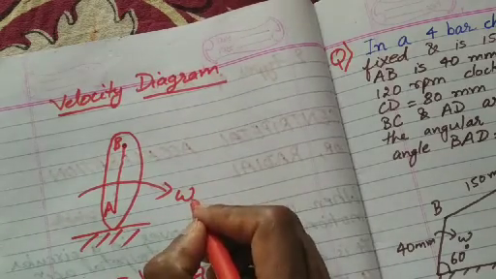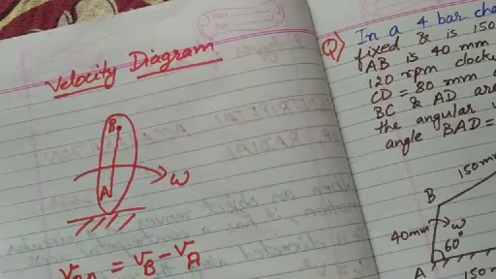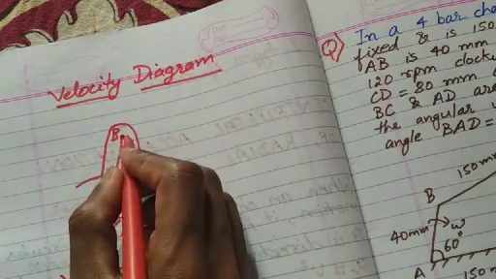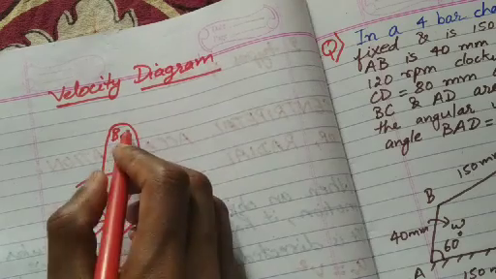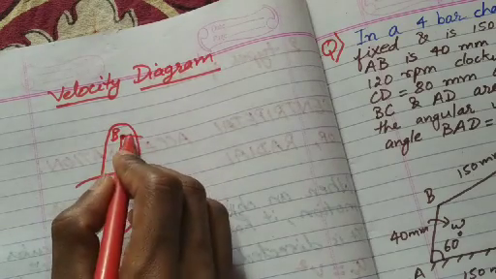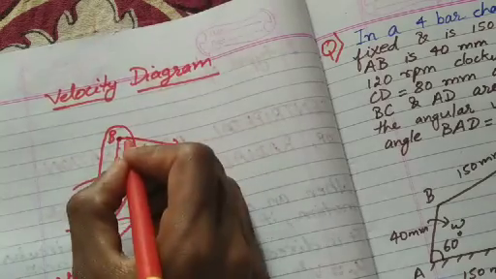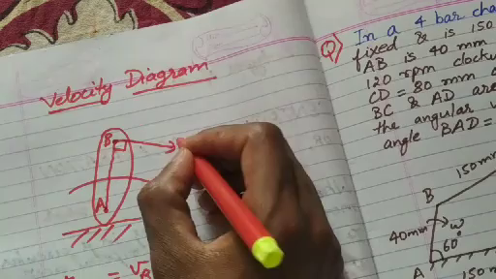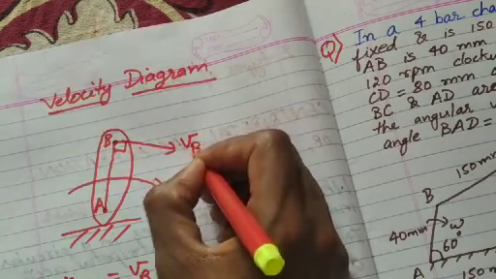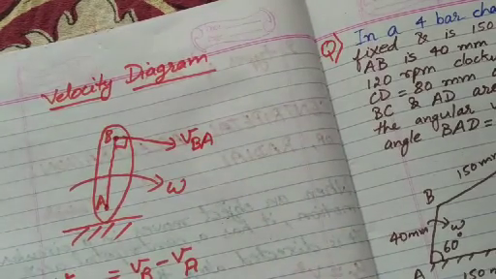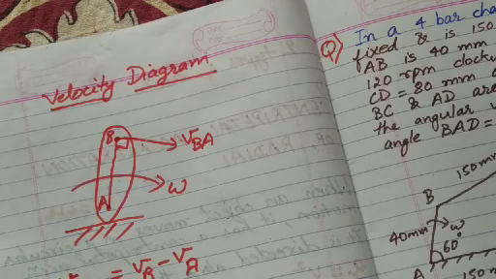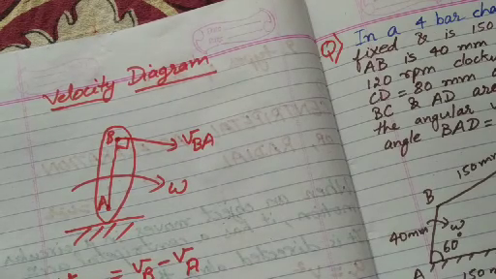This omega is given. As we know, velocity is always perpendicular, that is tangential, to the provided link. So it should be perpendicular in nature, and it is represented by VBA. As we know, velocity is equal to omega r.